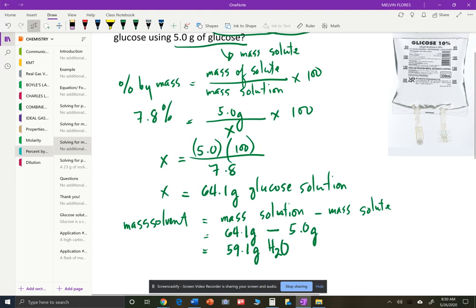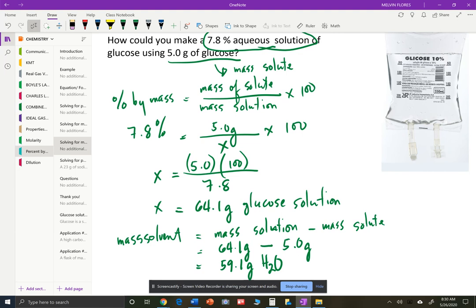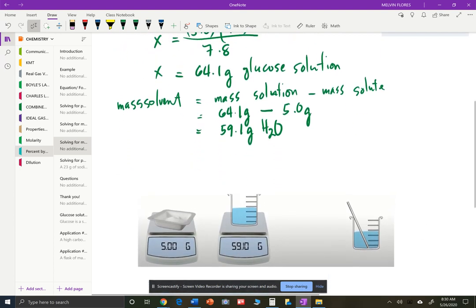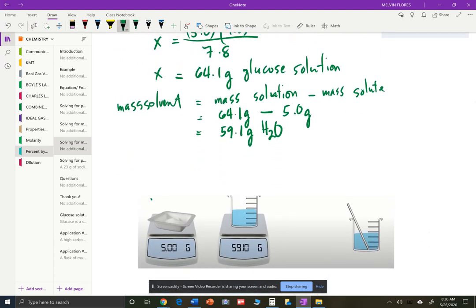All right. So how do you prepare this solution now? It says here, how could you make a 7.8% aqueous solution of glucose using 5.0 gram of glucose? We have now the mass of the solvent. This is how you prepare it. Prepare 5 gram of glucose, because that is the mass of your solute, and then add that to 59.1 gram of water, because that is the mass of your solvent, H2O.